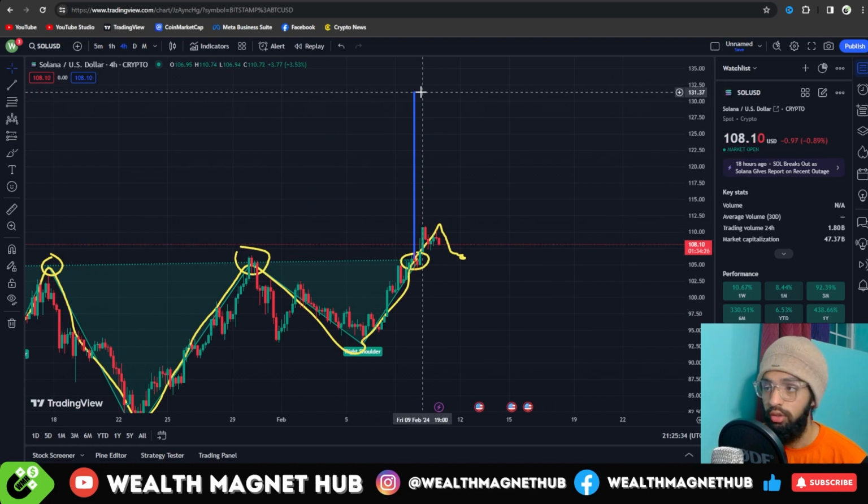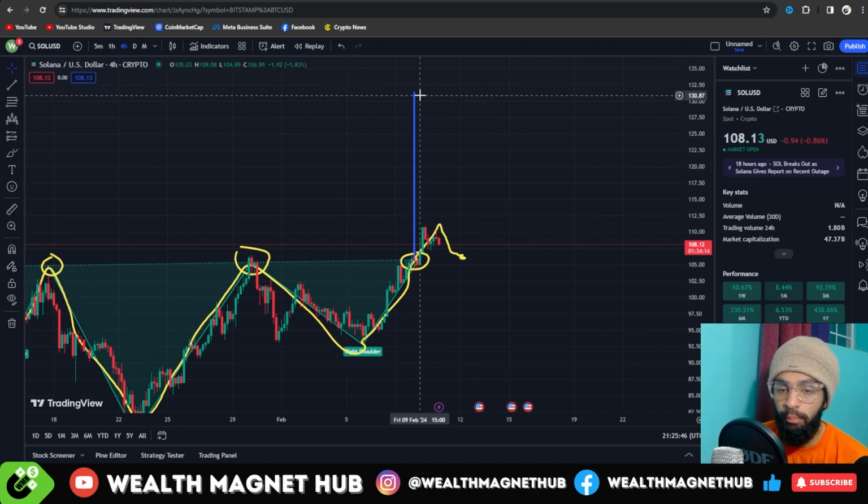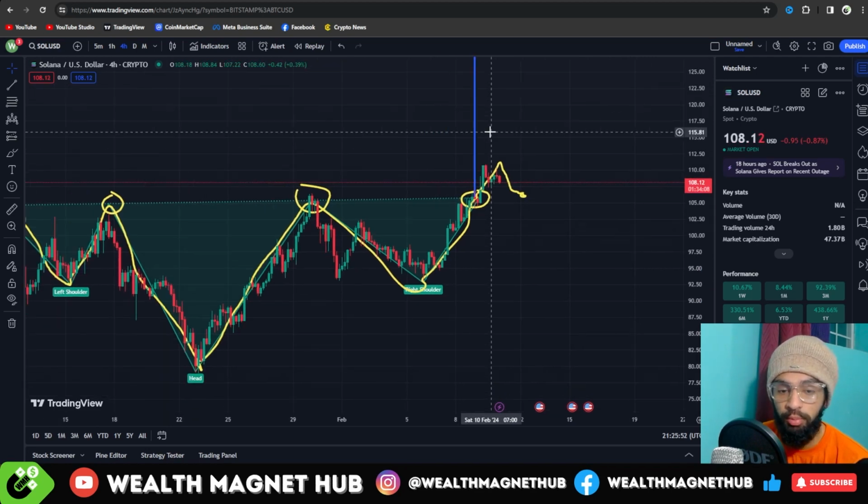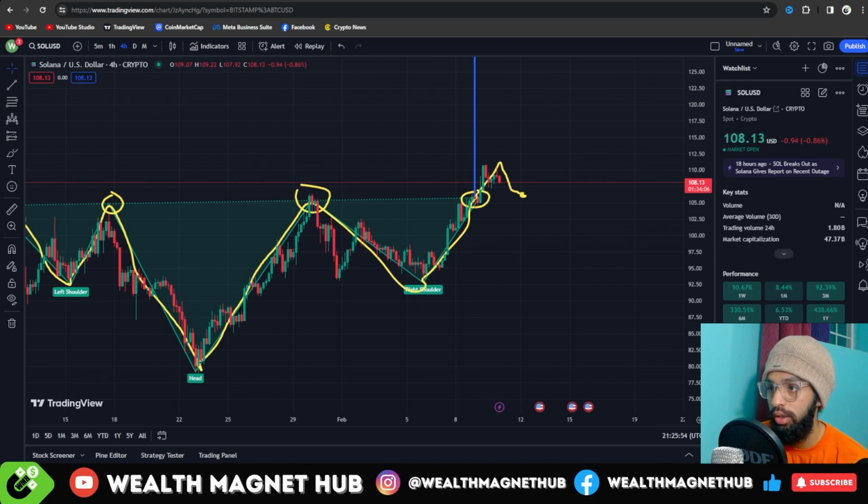Based on this price target, we could head as high as $131.37 in Solana. This is just an estimate, not the exact number, but we could head as high as $131 in the upcoming times as we see this breakout.